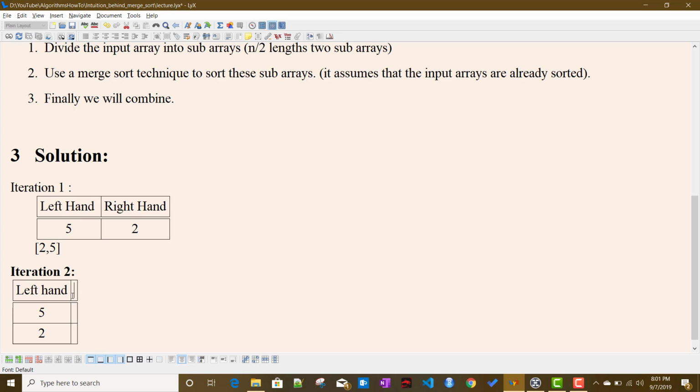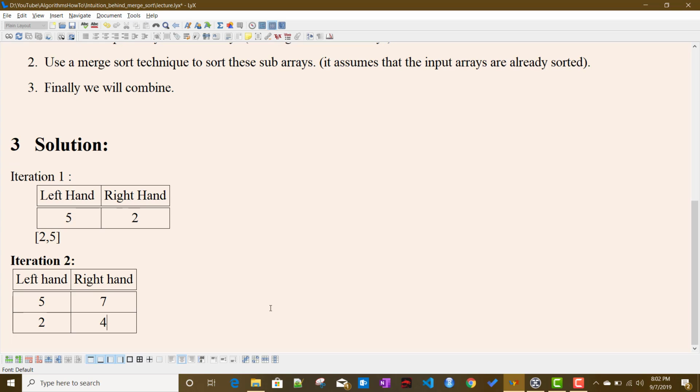And in our right hand we will have 4 comma 7. That means 7 will be here. If I write it in descending order, it will be easier to explain, basically nothing else. Intuition-wise there will be nothing different if I write it in ascending order as well.